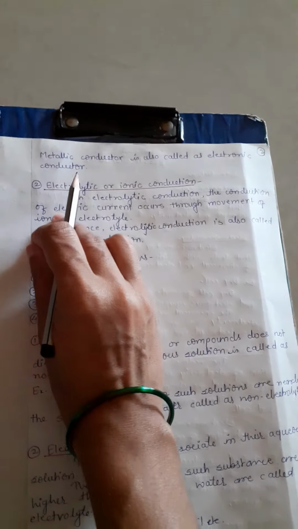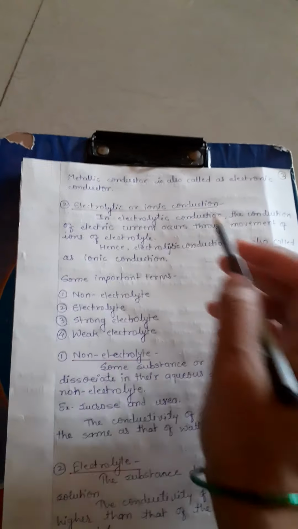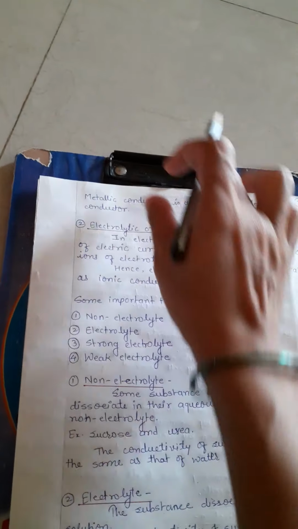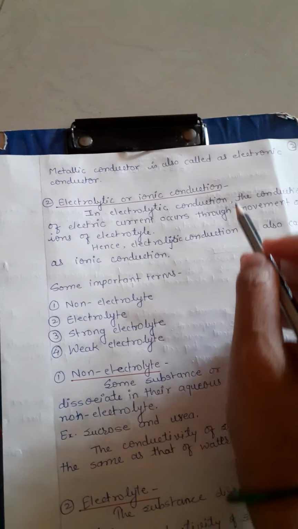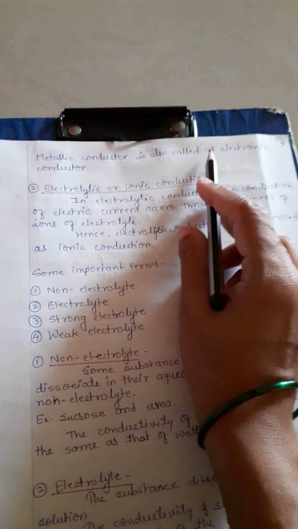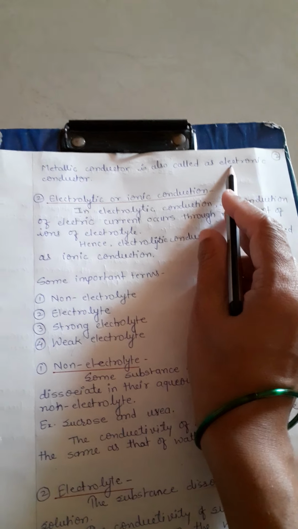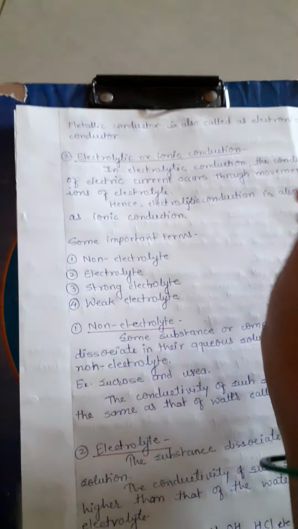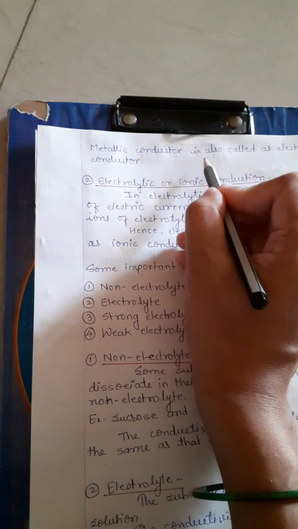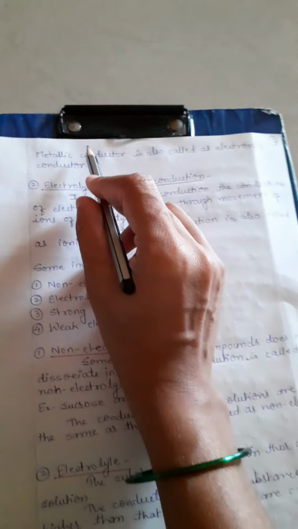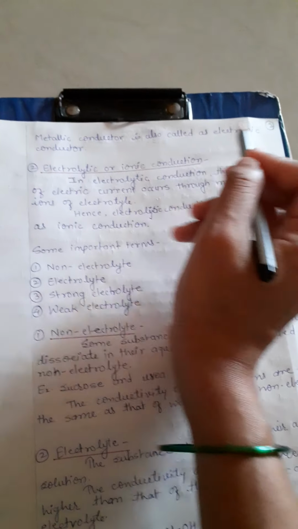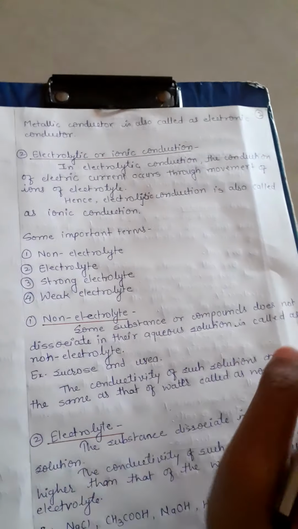Here in metallic conduction, the outermost electrons of the metals are free to move and they form a conduction band, and also the electrons flow under the influence of an electric field. So a metallic conductor is also called an electronic conductor.